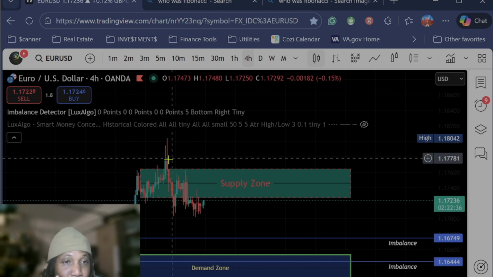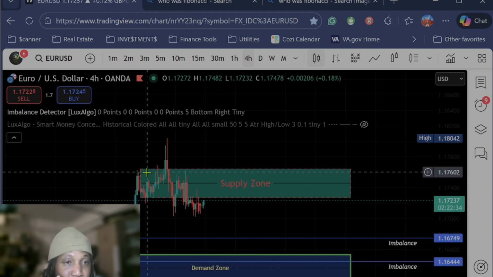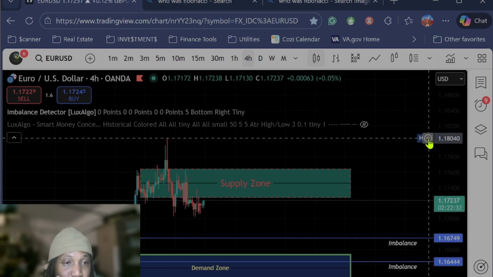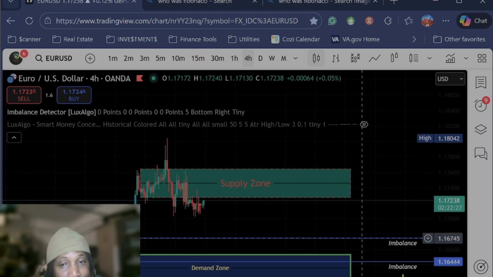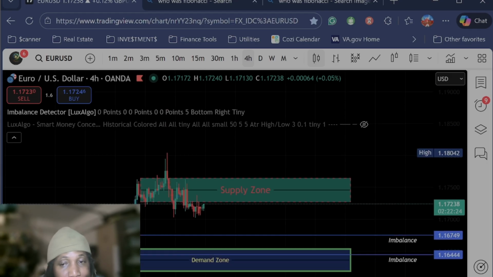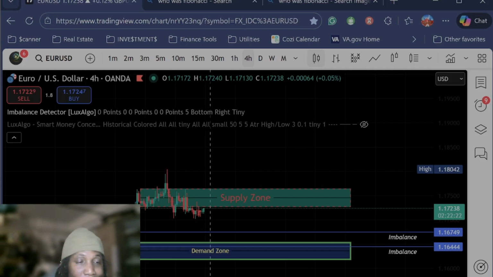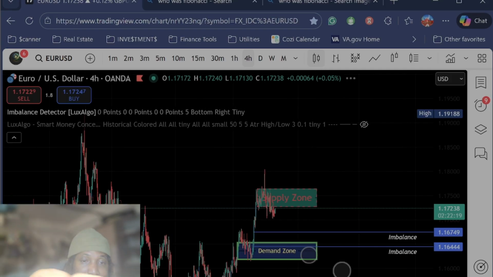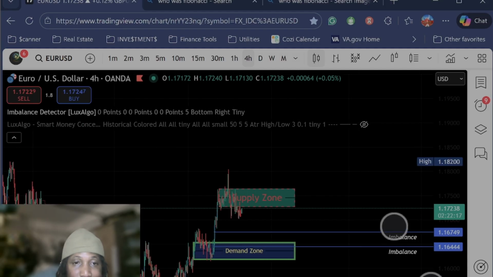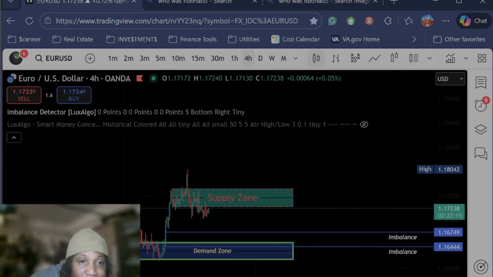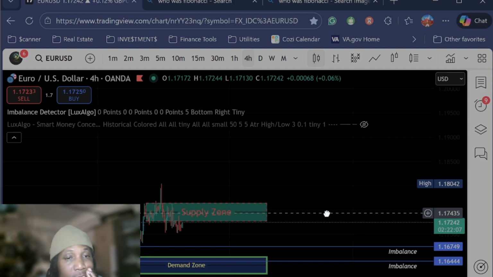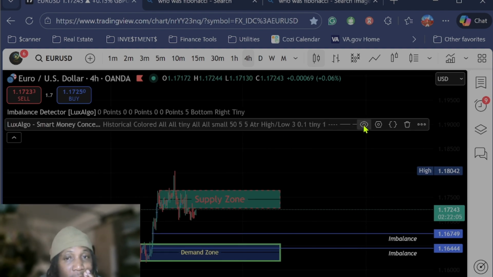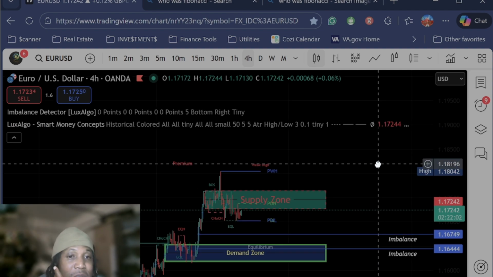Actually, I don't even like the fact that it considered this the range high, but up here it's saying this is the range high, and then the range low, they're saying it's down here somewhere. I don't know, but I'm telling you, from here to up there is the range. I was trying to use the smart money concept, but I might have to refresh it because it's not acting right.